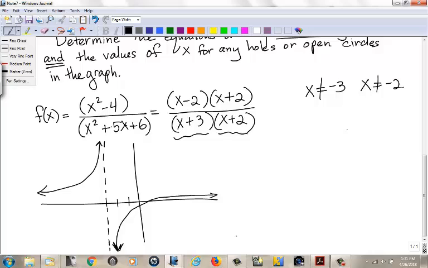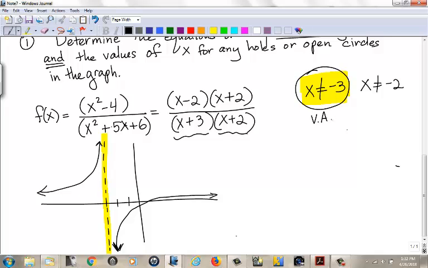Okay, now look at what we said up here. We said x cannot be negative 3. Where is this asymptote? Negative 3. The vertical asymptotes and the open circles occur from the denominator. Anytime you label a vertical asymptote, it has to be x equals a number.